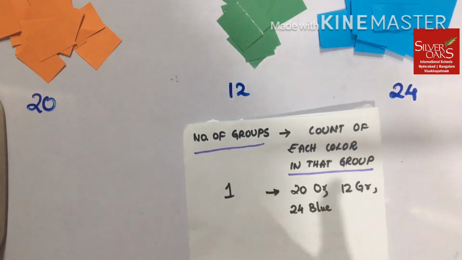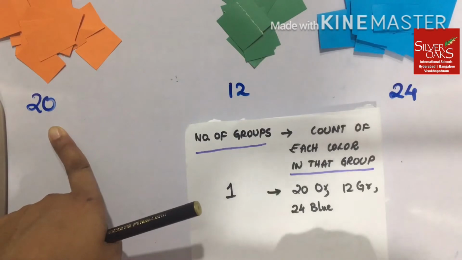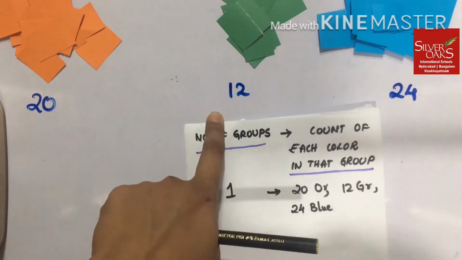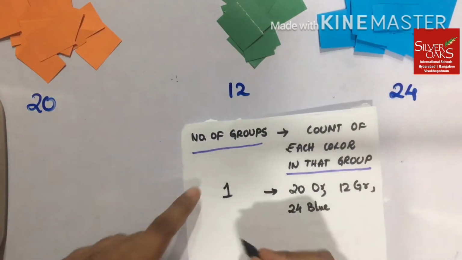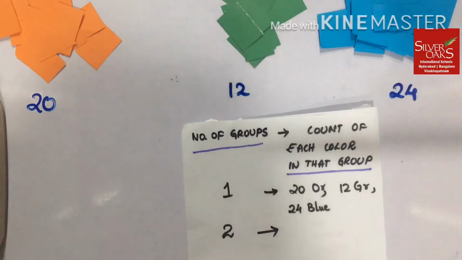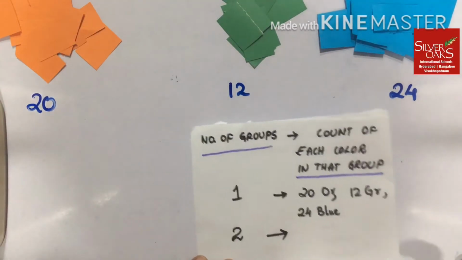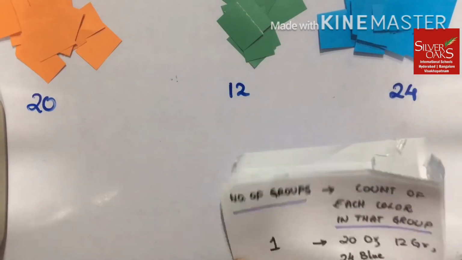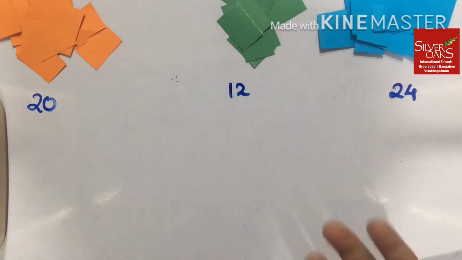If 2 is a factor of my numbers, maybe then I can use it. I know that 2 is a factor of 20, 2 is a factor of 12, and also 2 is a factor of 24. That means basically I am just forming two groups. So if I form two groups, how will it look like? How many colors will go in each of the groups?